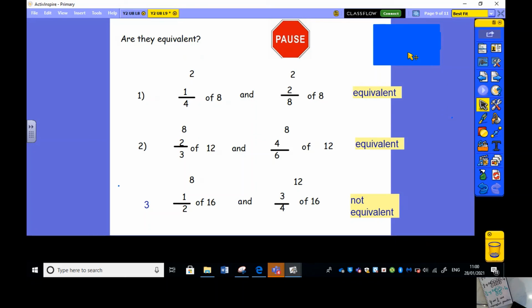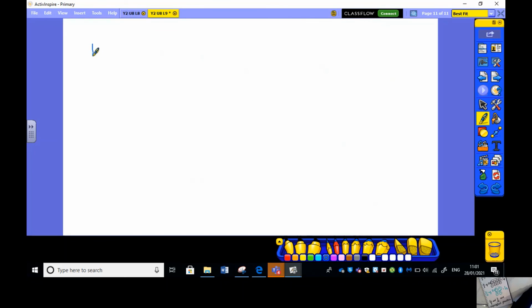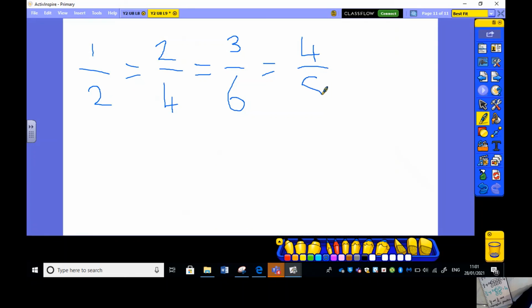Well done on your maths today. There were some really tough questions. I'm now going to leave you with a little riddle. 1/2 is equivalent to 2/4. We learned that today. They're also equivalent to 3/6, and 4/8.